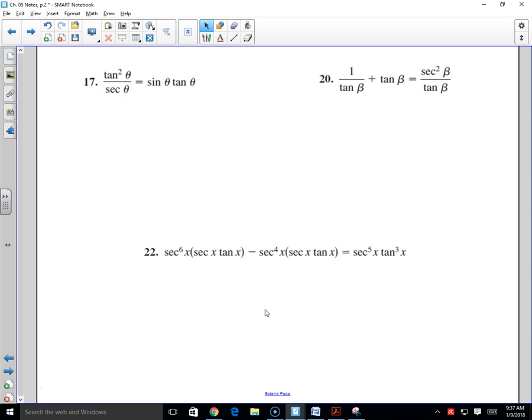Alright, now people with questions. I might not do the whole thing, but I'll get you started. 17, 20, and 22. I'm going to put it all up here on one page, that way you guys can take a picture of it before you leave if you haven't gotten this far. For 17, I would have chosen the left.